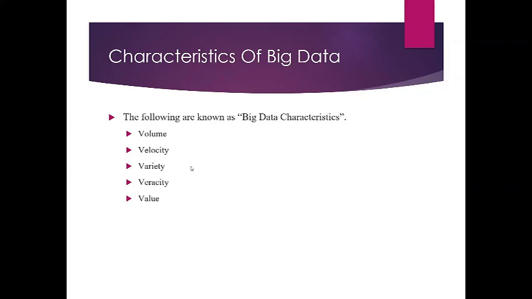For these 5Vs, we have 5 characteristics. The first one is volume. The B in big means volume, always. If the volume is high, it's big data. Then we have velocity, then variety, then veracity, then value, right? There are 5 Vs listed here.